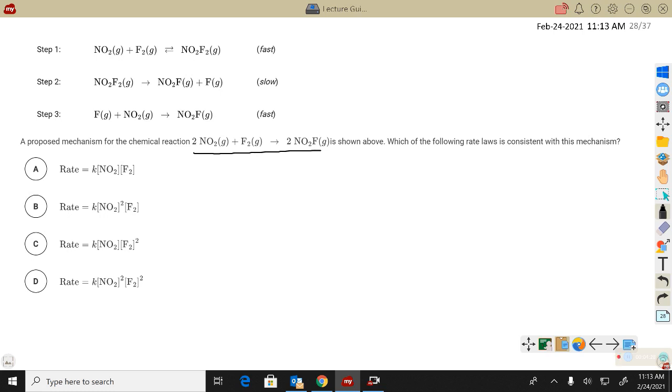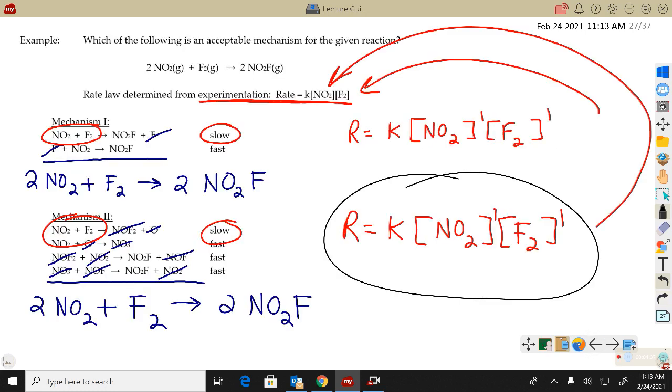Do I think that in this case I have a slow step at step 2 of the mechanism? Or here do I think maybe step 1 in the mechanism is slow? Is it more likely that the reaction runs in maybe 2 steps?